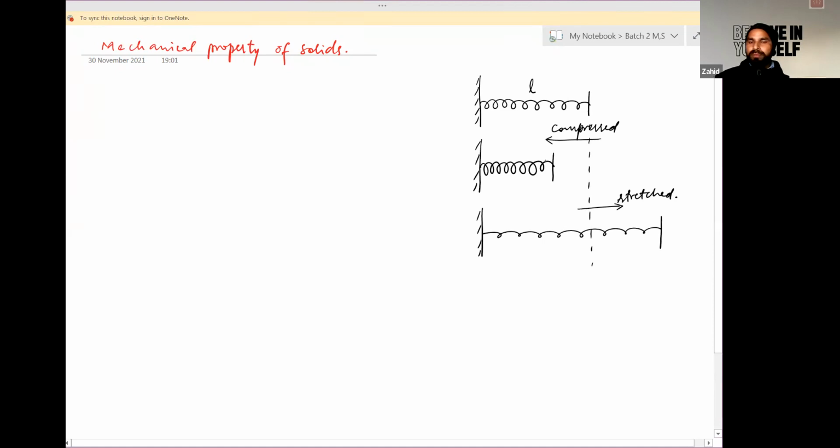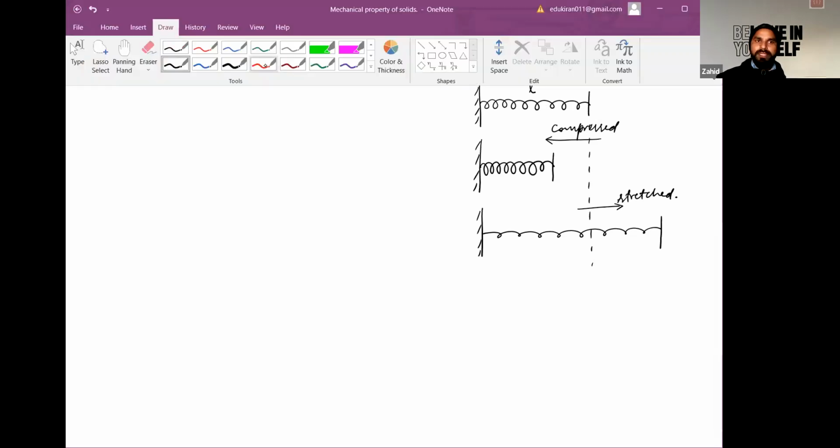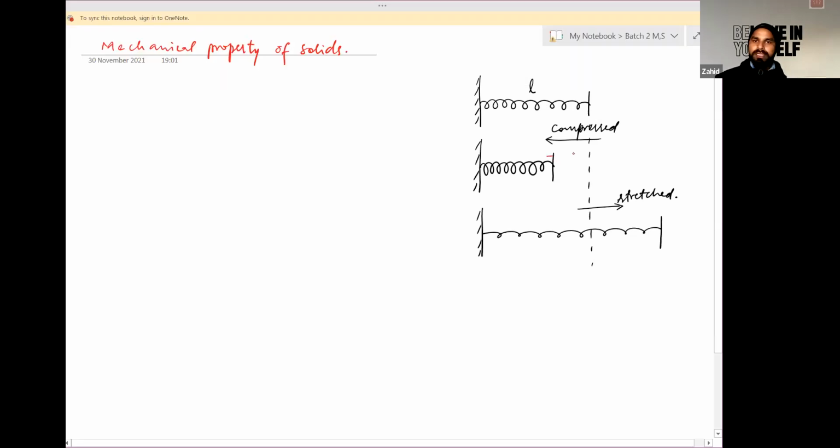So now there is a property in this particular spring by which a force will develop into it along this direction in this part and along this direction in this part, which will tend to bring back this particular spring up to its original state or original configuration.